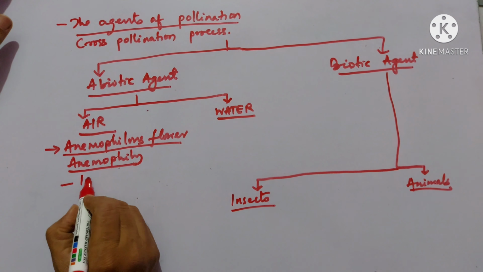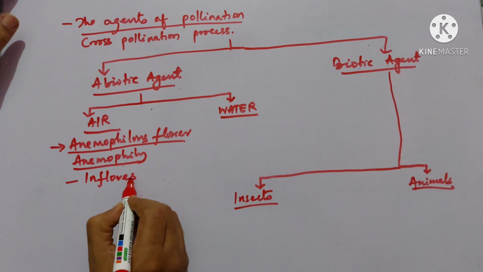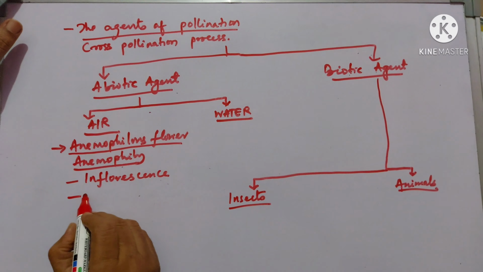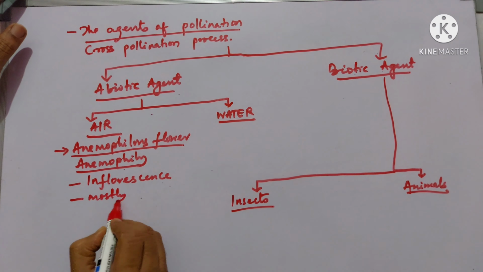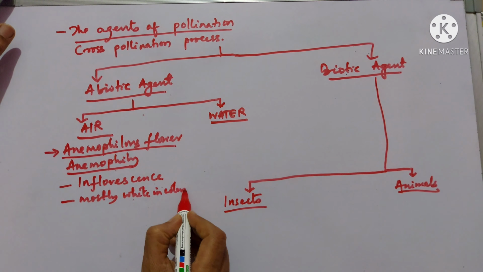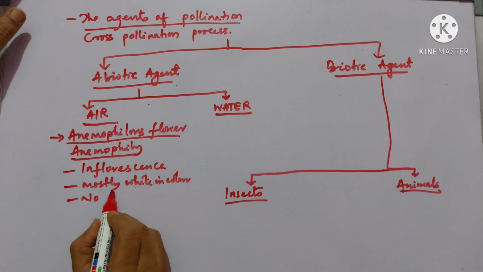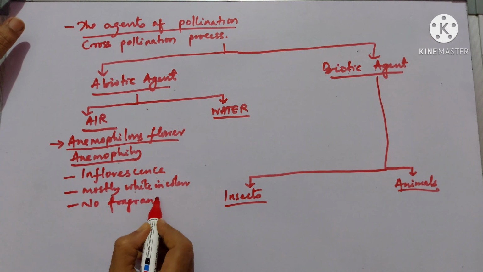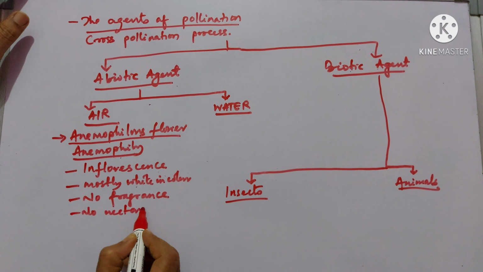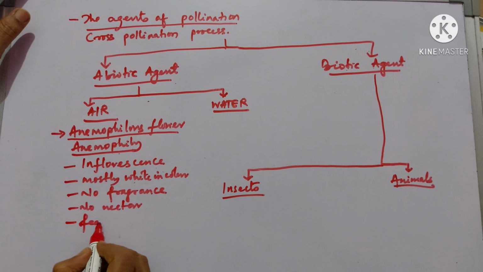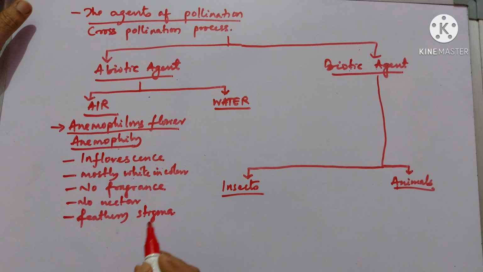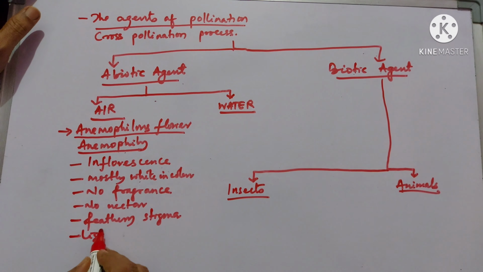They are found as inflorescences, mostly white in color, with no fragrance, no nectar, feathery stigma and lightweight pollen.